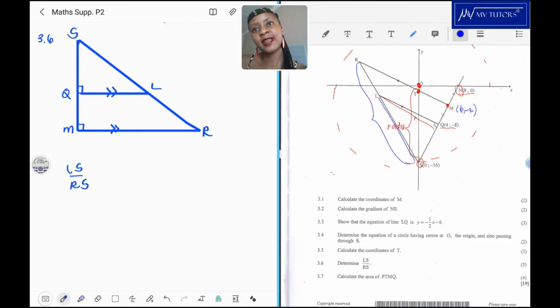Did I draw it right? Yes, SLR. So LS or SL, like we see here, over RS will be equal to, according to the proportionality theorem, SQ over SM.